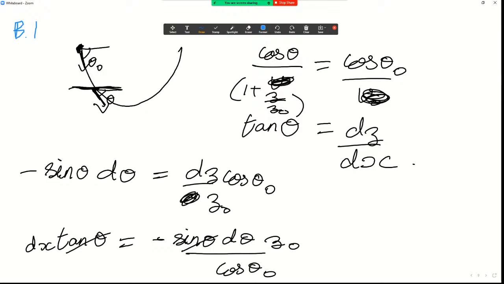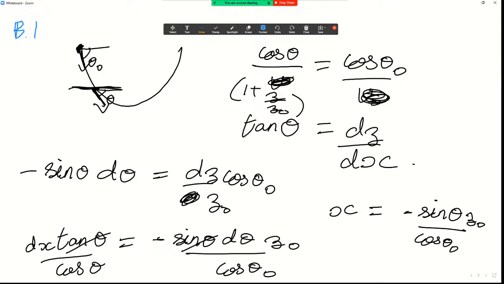So this can cancel out by cos theta, and we can have x equals integration of cos theta, that is sine theta, z naught by cos theta naught plus c.